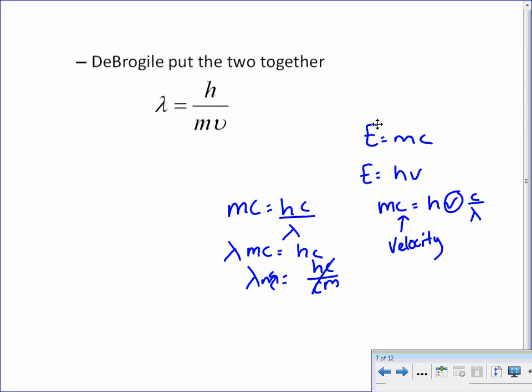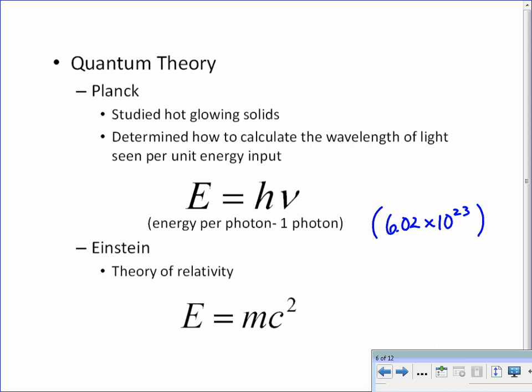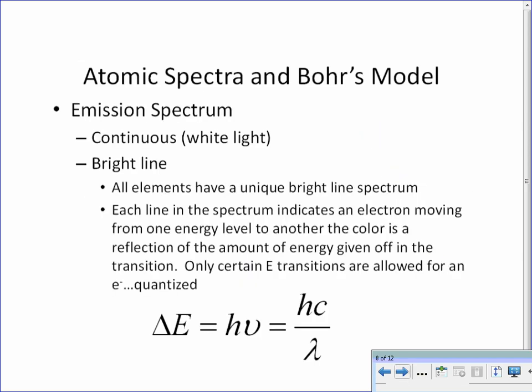So there's de Broglie's equation, that we can calculate the wavelength if we know the mass and the velocity of the particle, and using Planck's constant. If you remember, Planck's constant is 6.626 times 10 to the negative 34 joule seconds. That is not a number you have to memorize. Speed of light, I would think, is something you should know just for your own educational purposes.